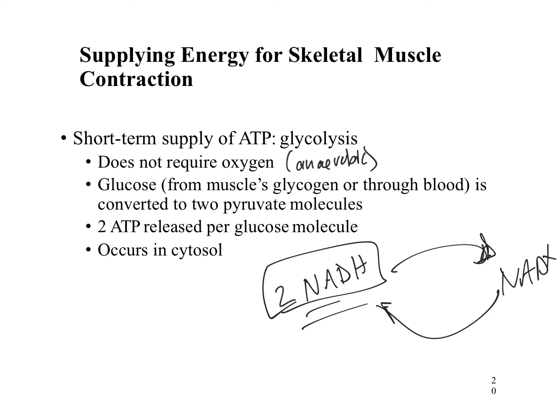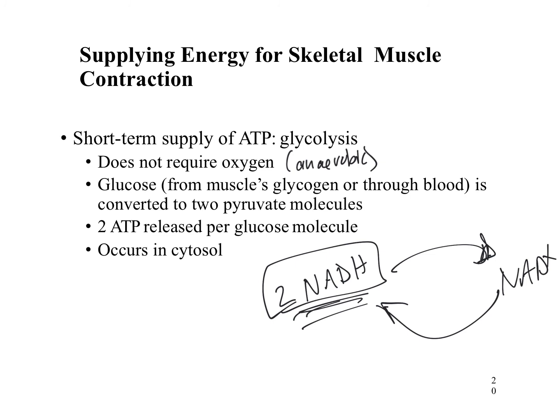If oxygen is not present, what happens? Well, let me rewind. If oxygen is present, where does this NADH dump its electron? It goes to the electron transport system, right? Electron transport chain. And we produce ATP through oxidative phosphorylation.